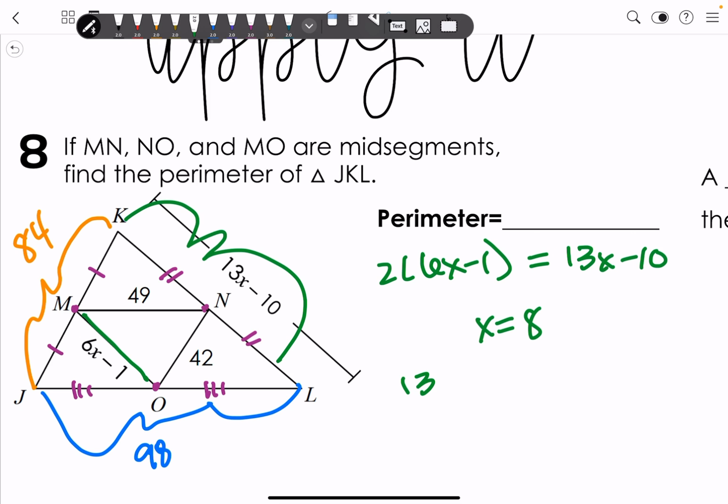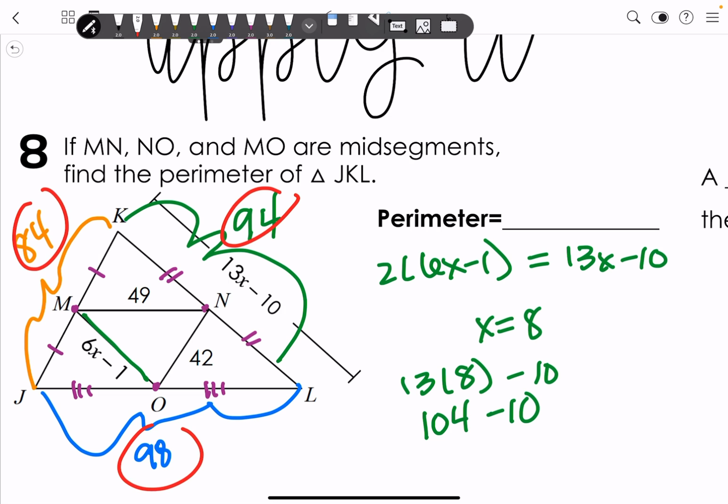So we are going to have to do 13 times 8 and then subtract that by 10. So I get 104 minus 10, which means this entire thing was 94. Now I have to add up all 3 of these to get my perimeter of 276.